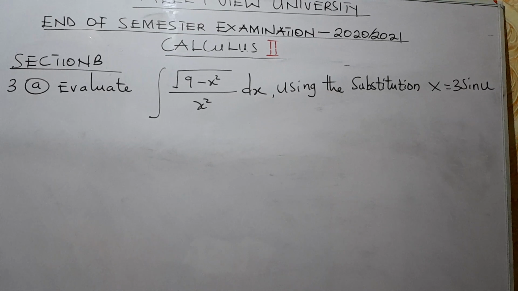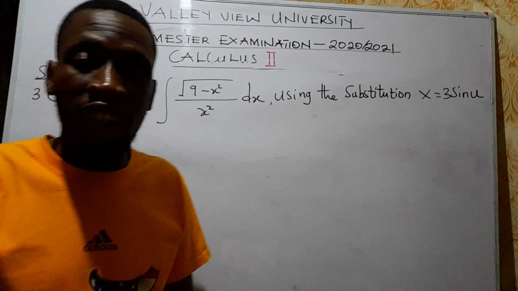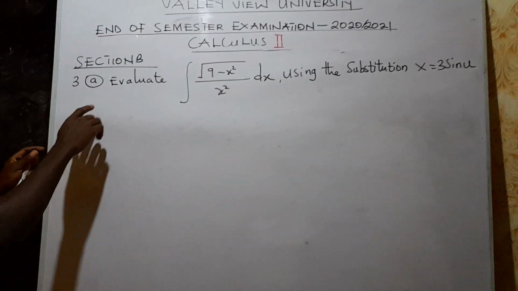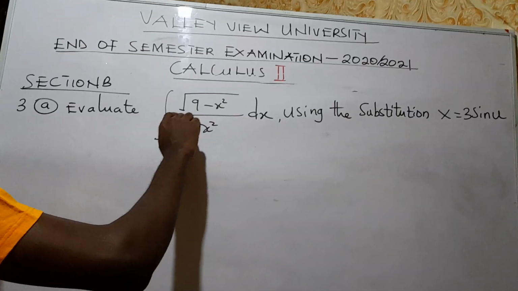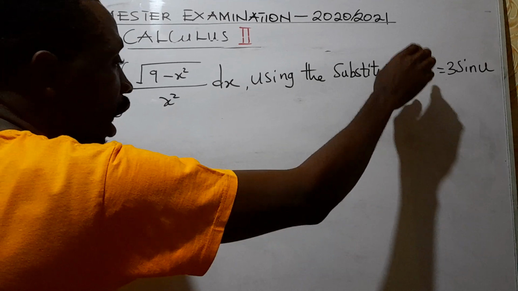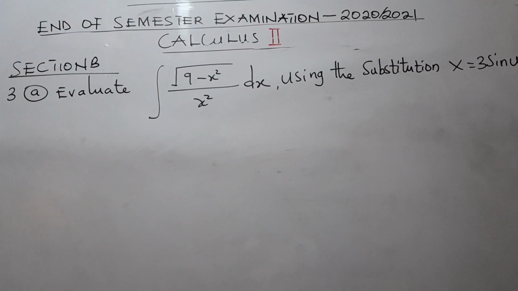So we are going to section B, where we have 5 questions and you are supposed to answer 3 out of it. So the first question A, we say evaluate the integral of the square root of 9 minus x squared over x squared dx using the substitution x is equal to 3 sine u. So you are asked to use a substitution.